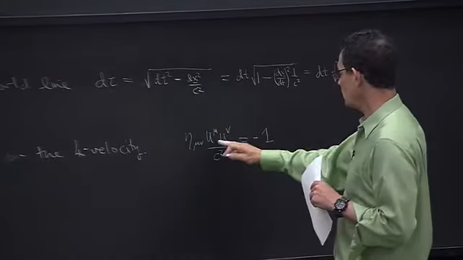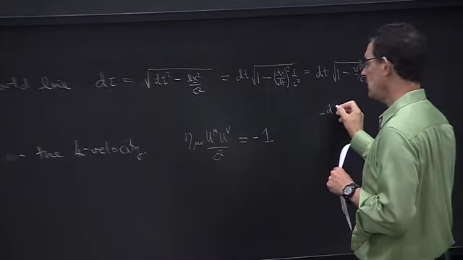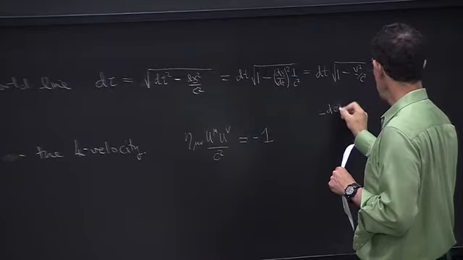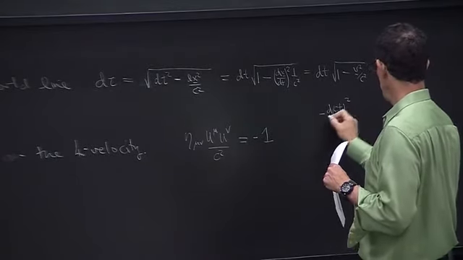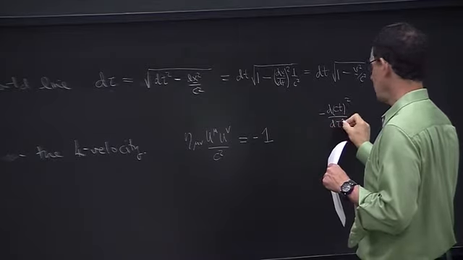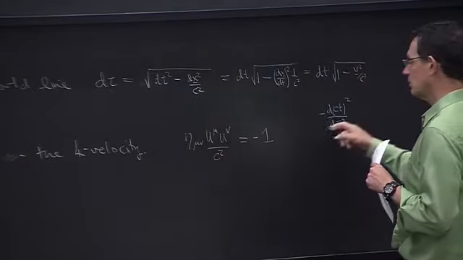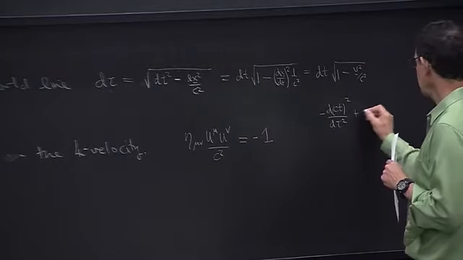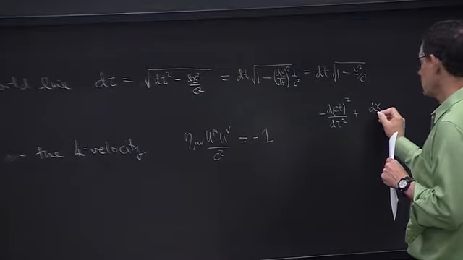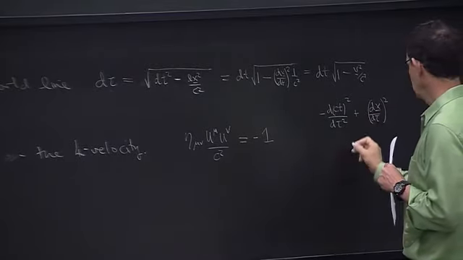Okay, let's check that. This is minus (d ct) squared over d tau squared. That's the u naught squared term, and eta 0,0 is -1, plus (dx/d tau) squared, right?